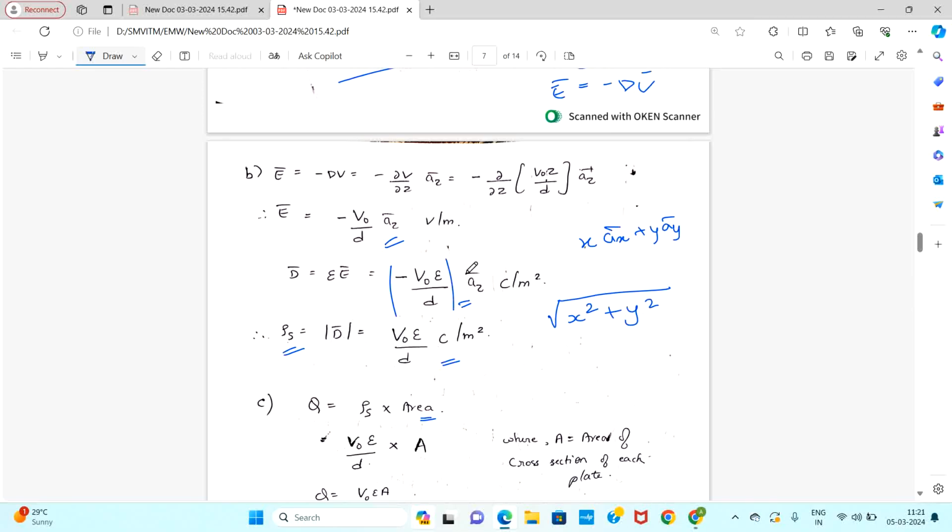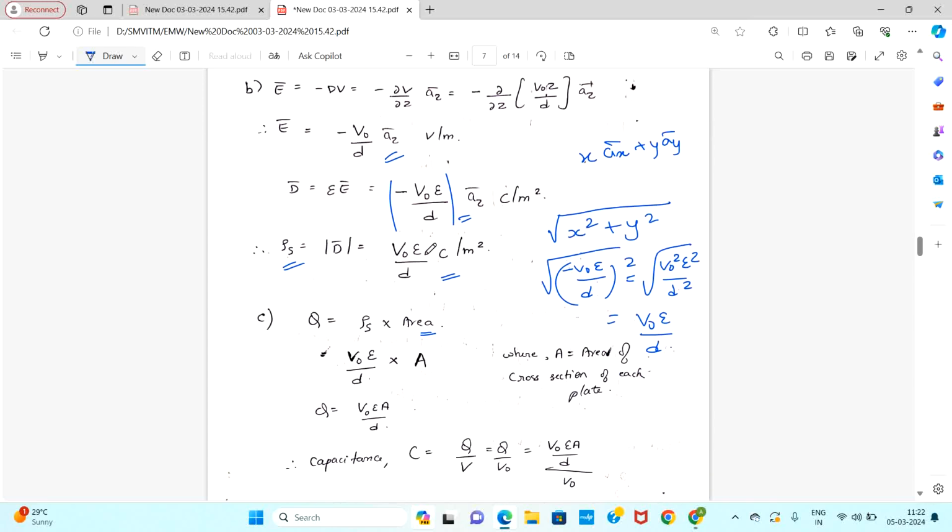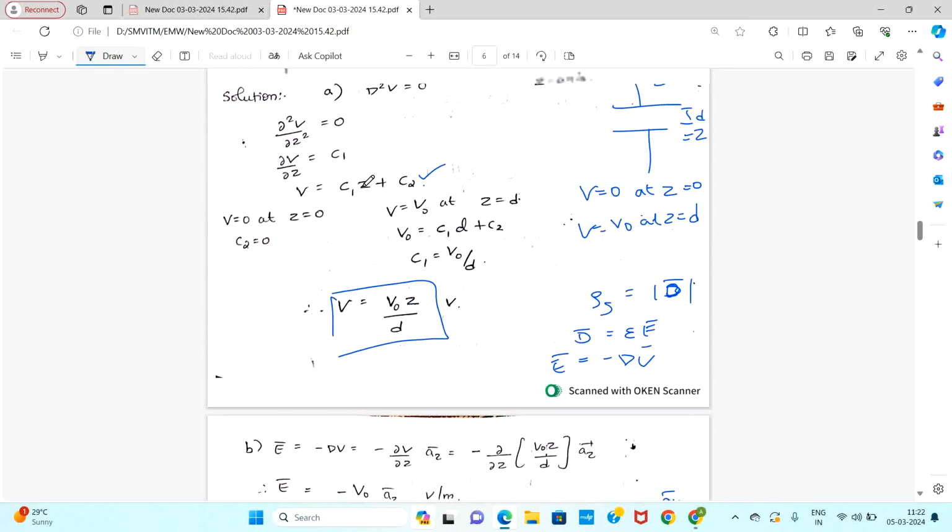The same thing is done here. You have only the z component, so it is the root of minus V naught epsilon by d, the whole square. If I square this, I get positive V naught square epsilon square by d square. Minus becomes plus, and the square root of this gives me V naught epsilon by d. That is how we got this equation here. So once you get rho S, the second part is done.